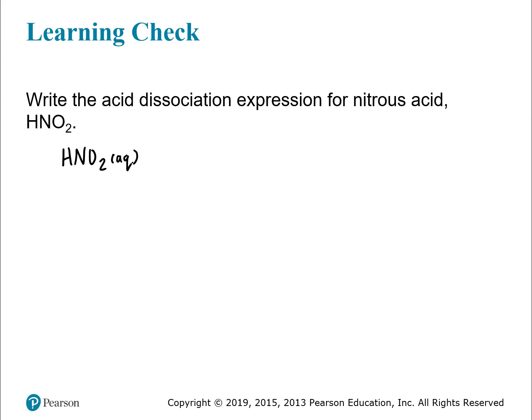So if we have nitrous acid that is aqueous, and we add some liquid water, now notice I do half arrows, it's the same thing. Still means equilibrium. If we dissociate, we're going to form hydronium, which is that H3O+, and we're going to form NO2-. Now that we know what our reactants and our products are, we can write the expression.